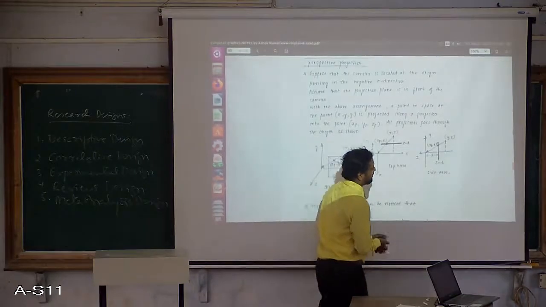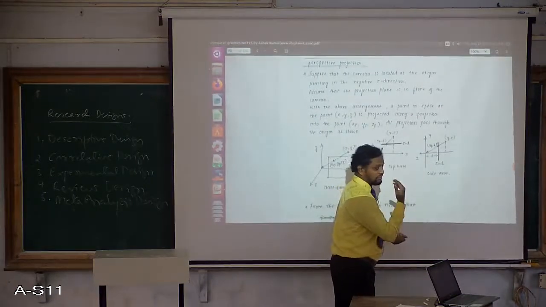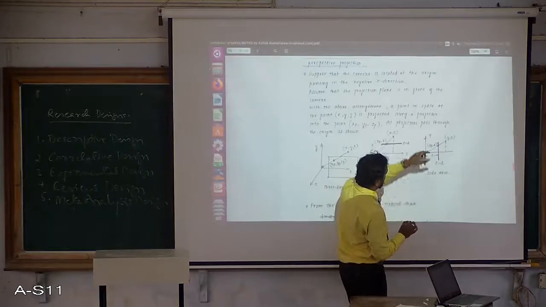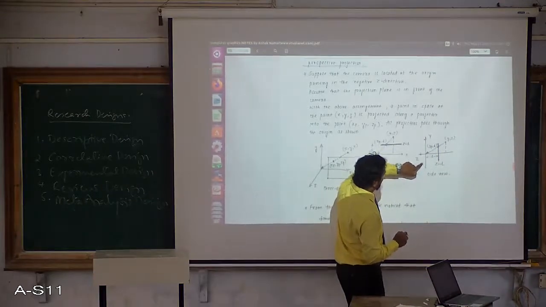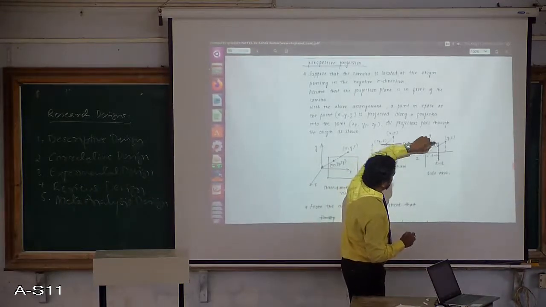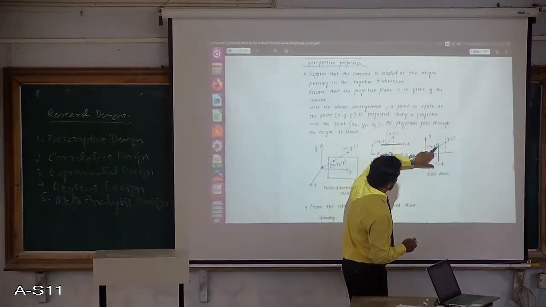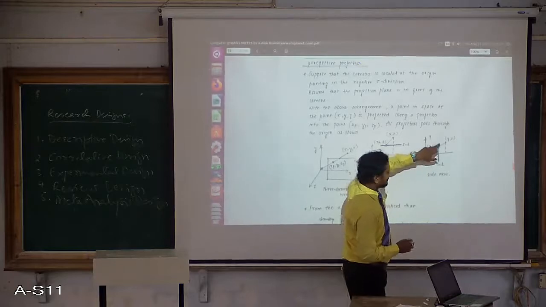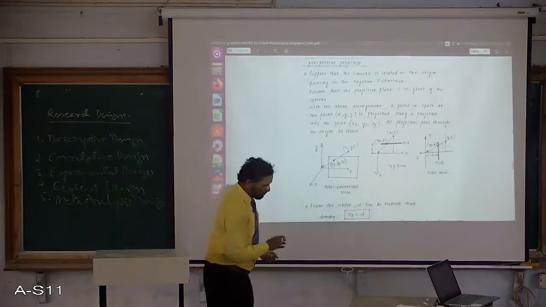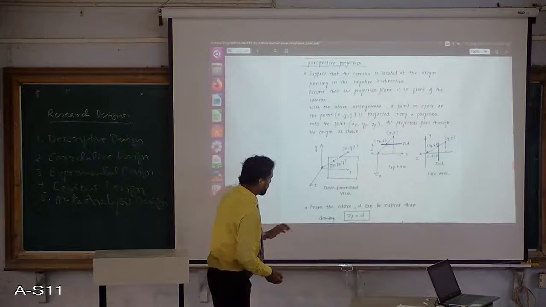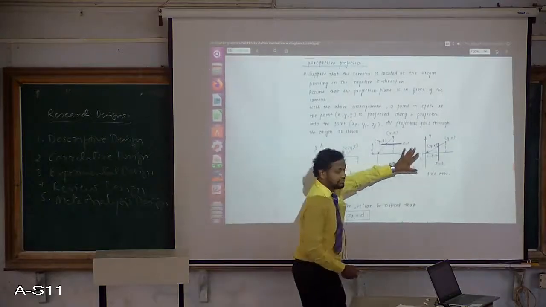And when I say the side view, right from the y axis, this will become y, equal to d. Okay, so this is a side view. So now considering these things, this is three dimensional, this is the top view, and this is the side view.